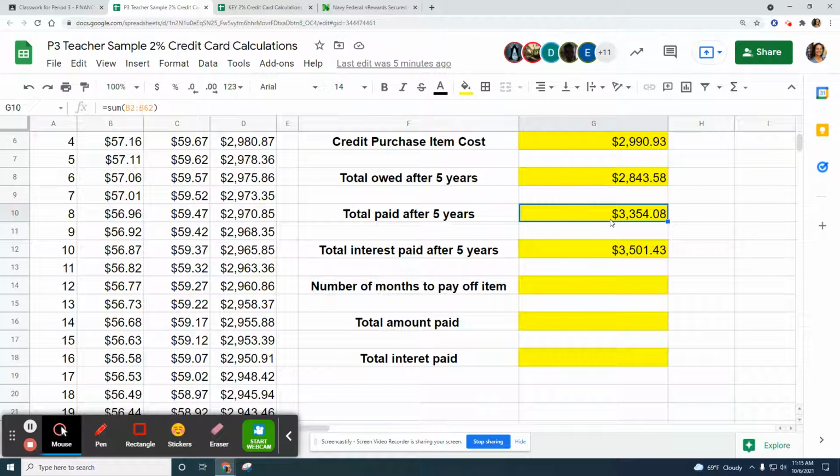Now you're going to do the sum of the C column. C2 to C62. Just go. Yeah, just go. Go back up to your yellows.